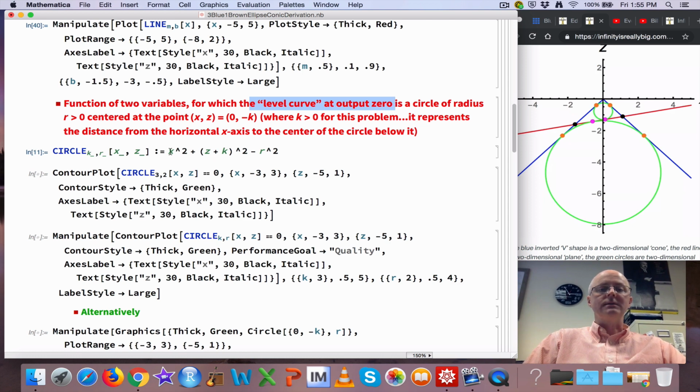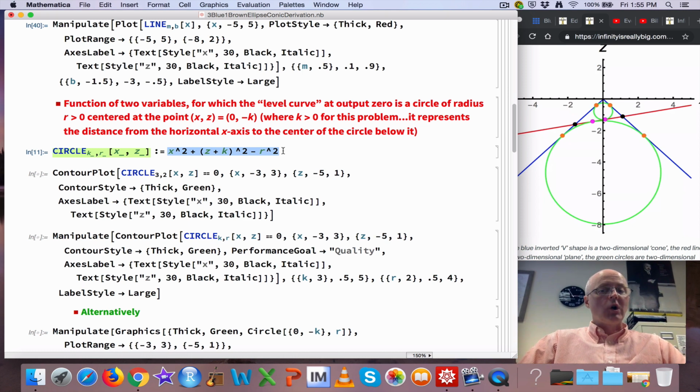In other words, this function, circle of two variables x and z, is a function such that if I set it equal to 0, the curve of points where that occurs is the circle, the curve in the xz plane. Again, that's basically equivalent to the equation x squared plus z plus k squared equals r squared. Where does this function equal 0?